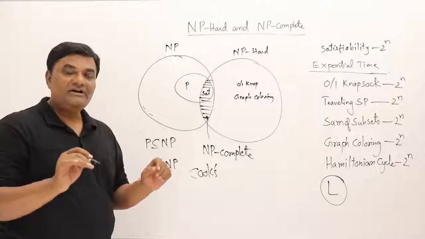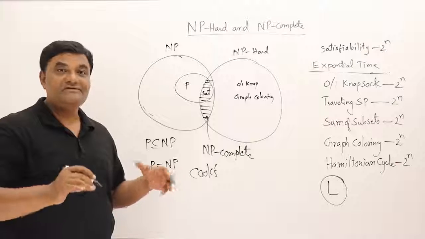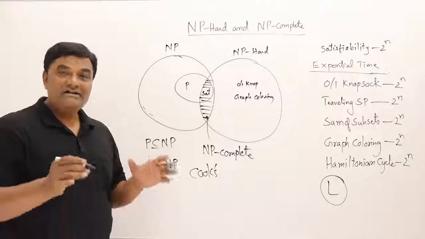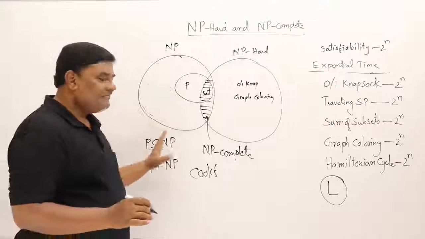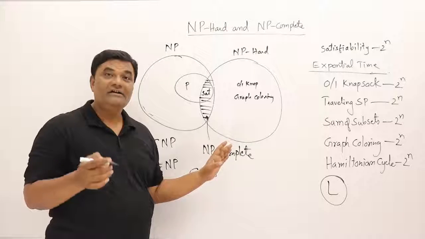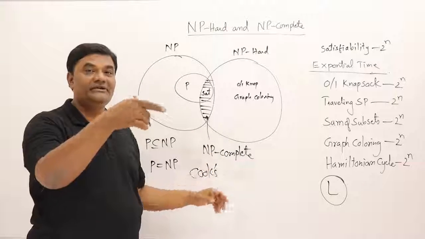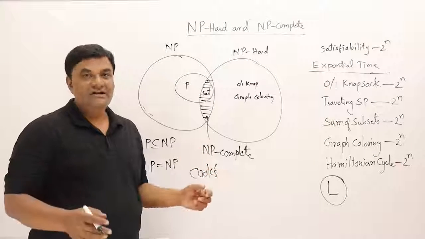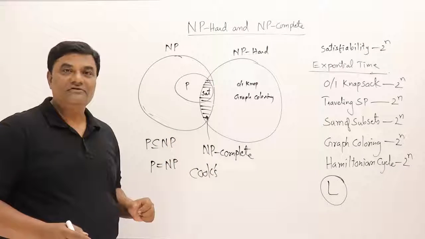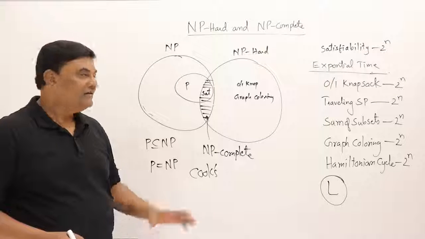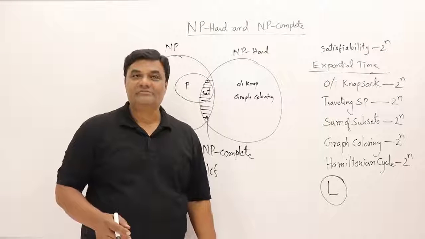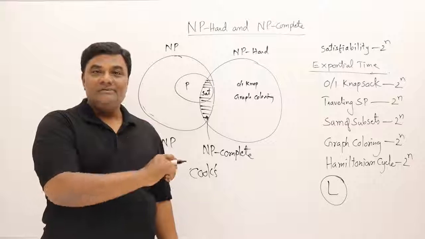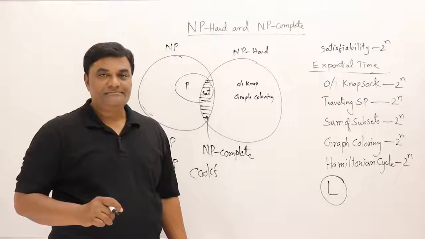Means satisfiability will become deterministic if P is equals to NP. He said that this can be proved as correct if you prove that satisfiability is in P. He did not prove it. He said that somebody proves this one, then our work is correct. Our work is perfect. So this is all the discussion behind NP hard and NP complete problems.